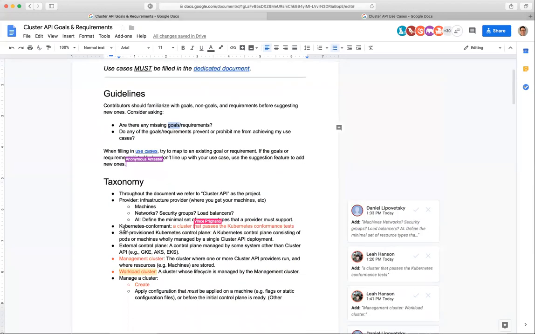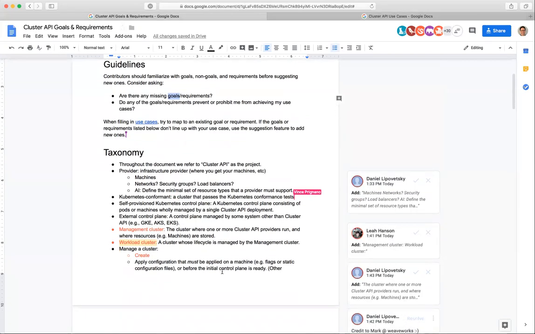We've been working on a taxonomy, in development, for the terminology in this document, so that hopefully we can all have a single common language.